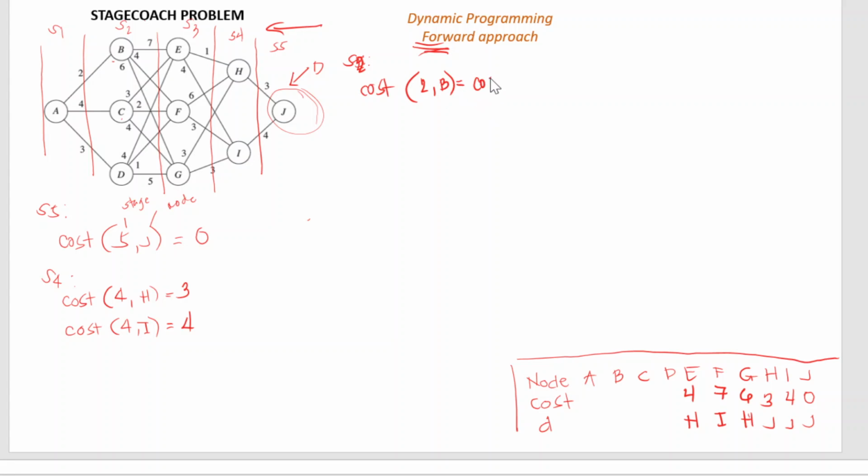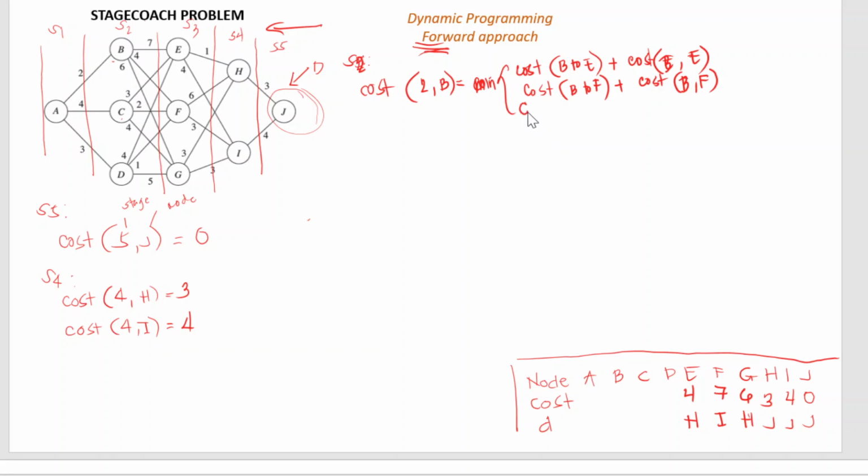That would be the minimum of cost of B to E plus cost of 3E. Next is cost of B to F plus cost of 3F.